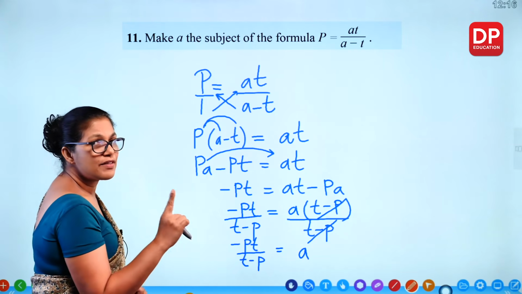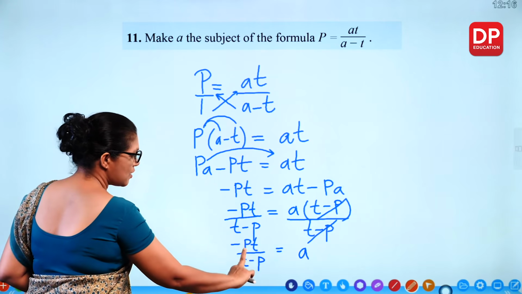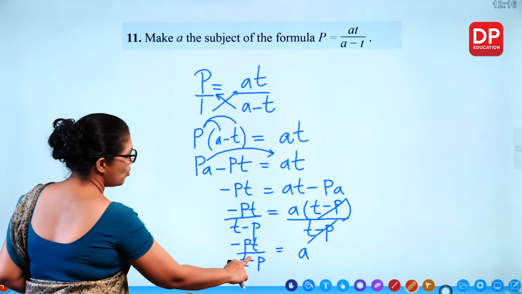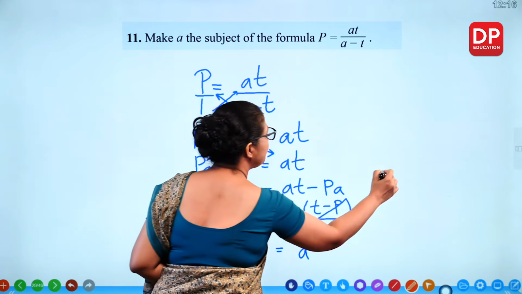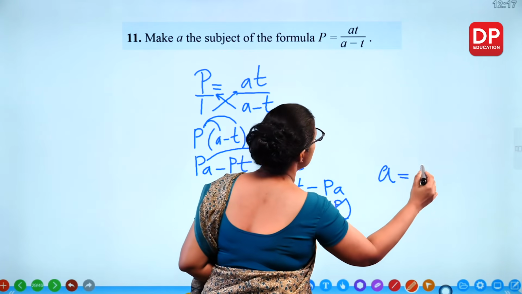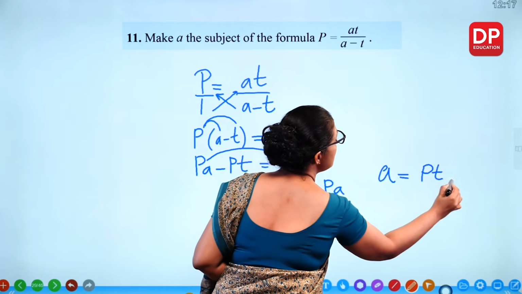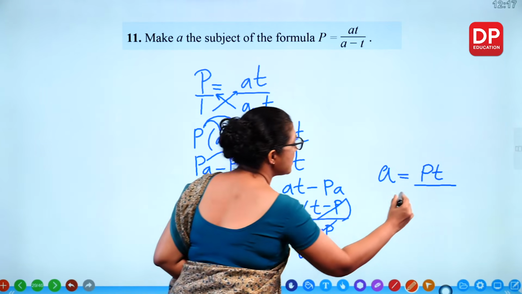Now you can get rid of this minus sign. So how can you get rid of this? Switching the two terms here in the denominator. So what's a now? A becomes pt, capital P t, over p minus t.